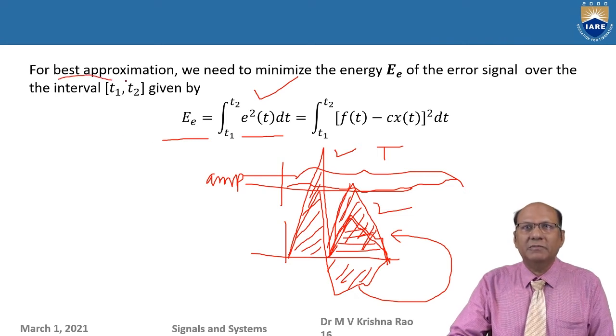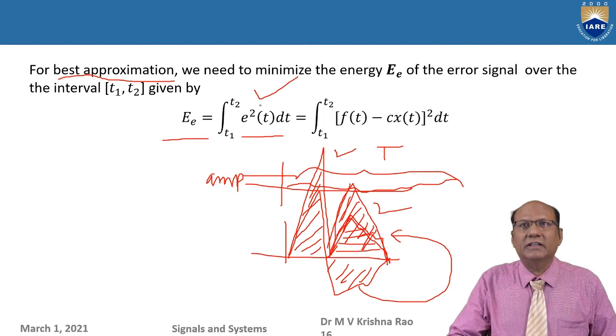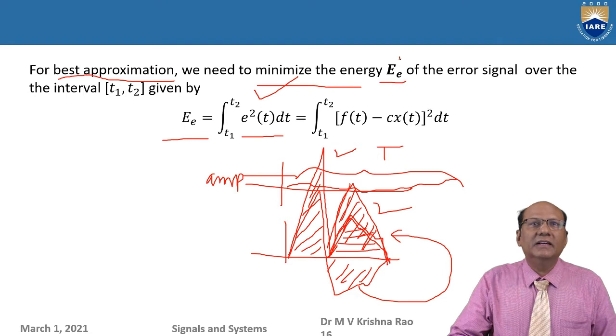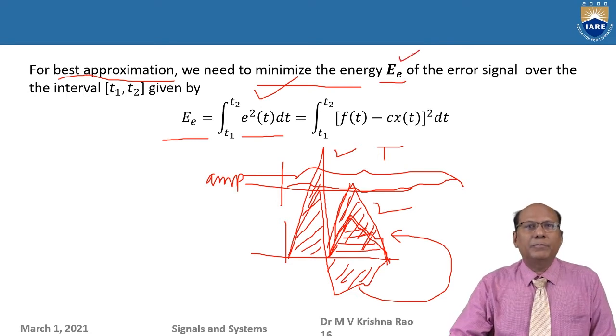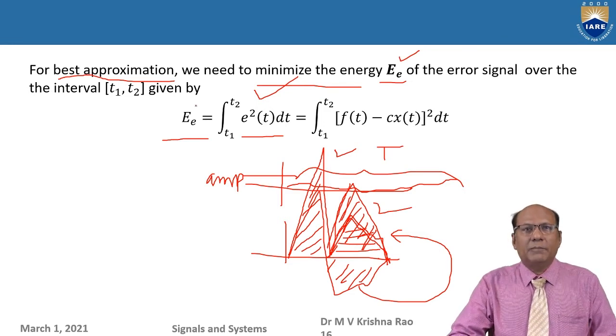So best approximation means we should be able to minimize the energy of the error signal. That is minimization of E_e. This is the notation we are using. E_e is the variable which I have to minimize to get my approximation very close to the original function.